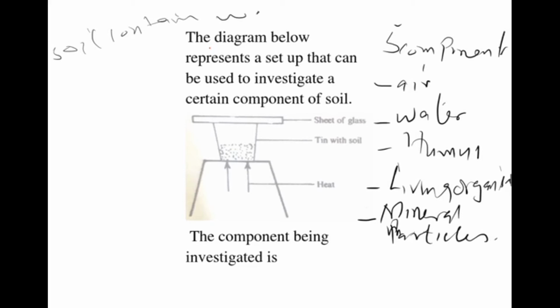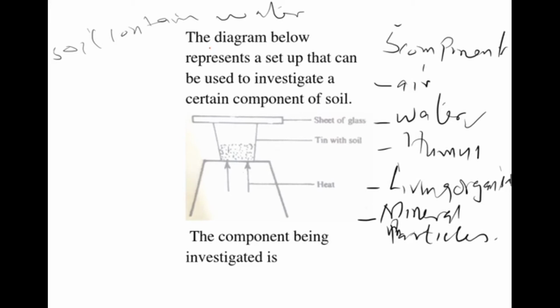In the experiment, we have the source of heat, then we have the soil. Inside the soil, since we know there is water, once the water was heated, during the process of heating the soil, the water evaporated.